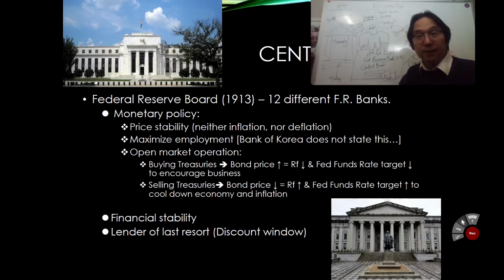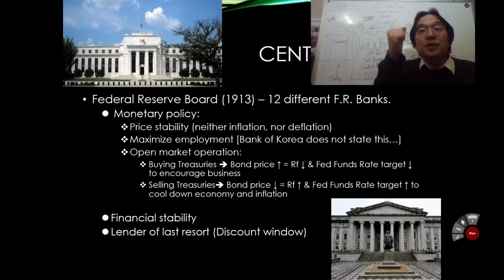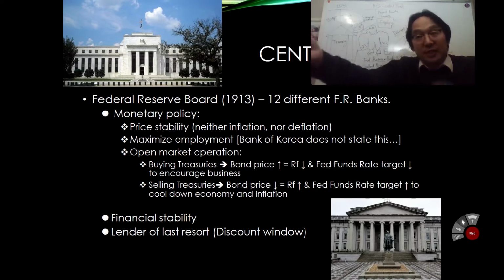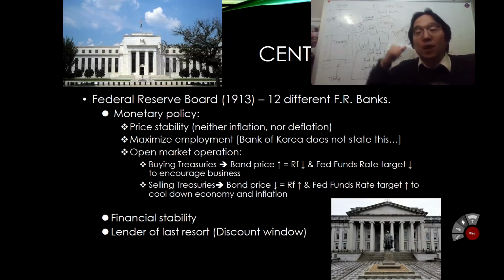Minneapolis is one of them in the Northwest, and then New York and San Francisco, all regional centers of economic activity. Why not create just one central bank like the Bank of Korea or the Bank of China? Again, they don't want a centralized monetary power, but to decentralize it. That philosophy still sustains there.